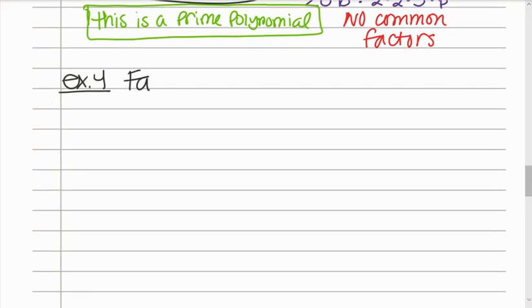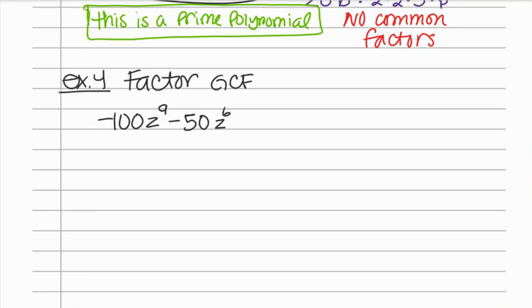Okay, we're going to factor GCF, negative 100z to the 9th minus 50z to the 6th plus 75z to the 3rd. Now our factor list is going to be pretty long, so instead of writing to the side, I'm going to write underneath.